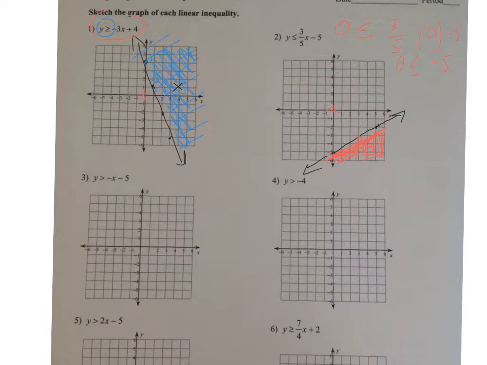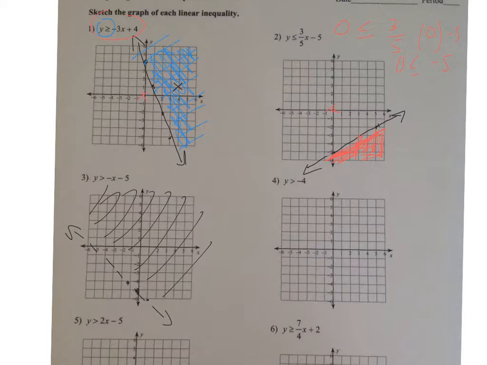Let's take a look at number 3. y is greater than negative x minus 5. So we're going to start at negative 5. It's a negative slope. I'm going to go up 1 and over. It looks like we're over here. This is a dotted line. And it's saying it's greater than, so my gut is telling me it's going to go up here.